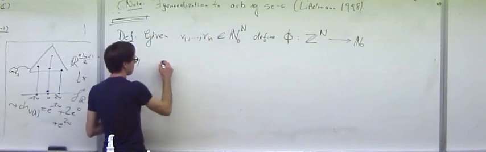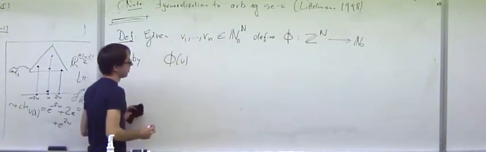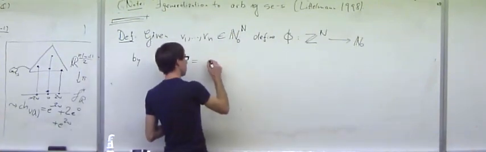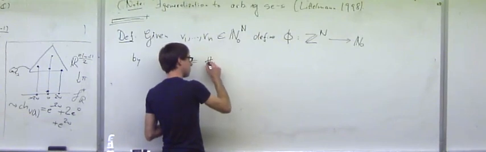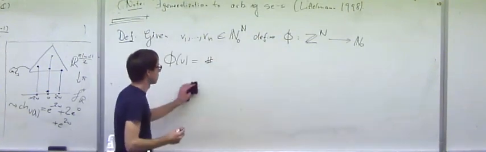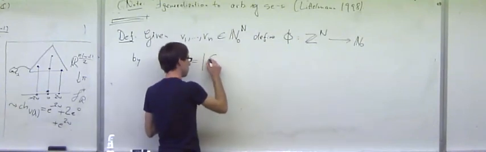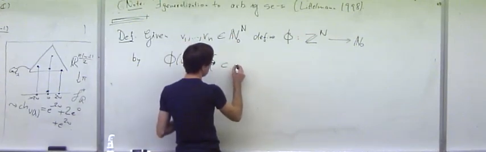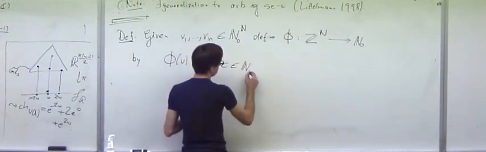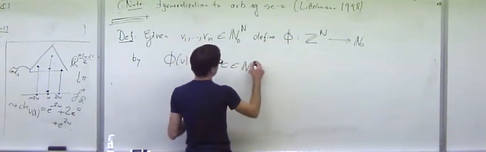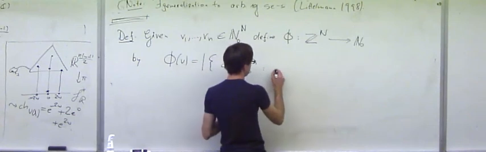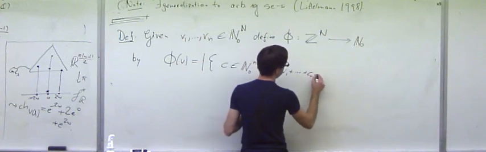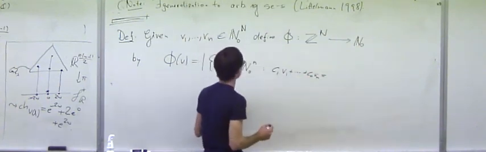By, well, I have to say what's the value of some vector v, and that's the number of, well, let me just write it down as a formula first, and then I explain what it means. That's the number of c in N0 to the lowercase n, such that c1 v1 plus cn vn equals v.